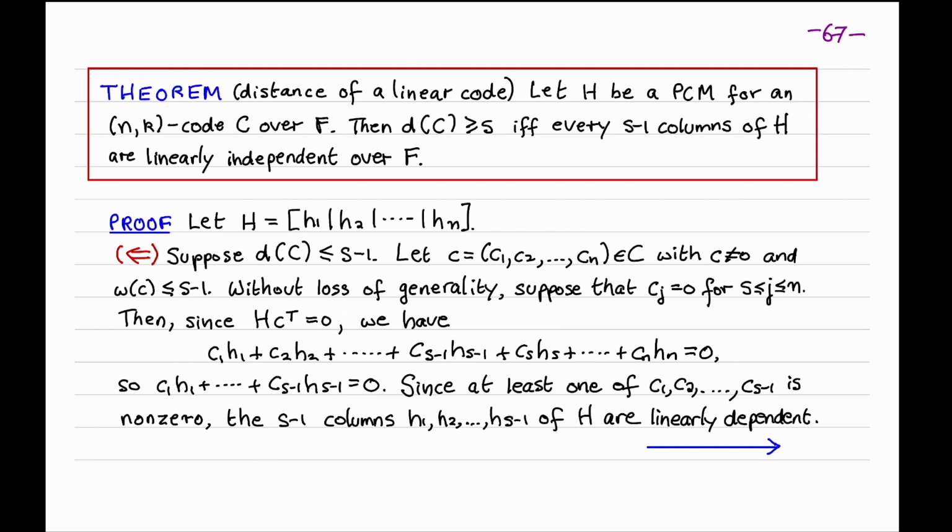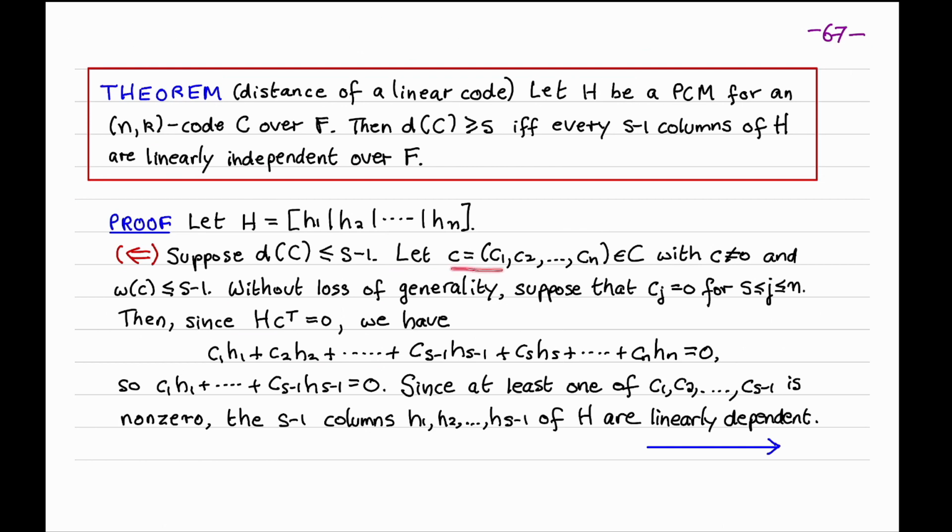Let's prove the theorem. I'll denote the columns of H by h1, h2, up to hn. I'll first prove the converse implication, and I'll prove its contrapositive statement. So suppose that the distance of C is not at least s. So I'm assuming that C has distance at most s minus 1.